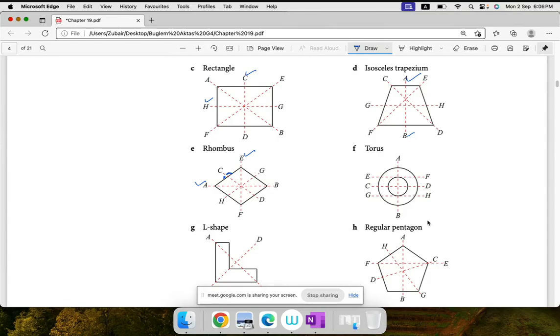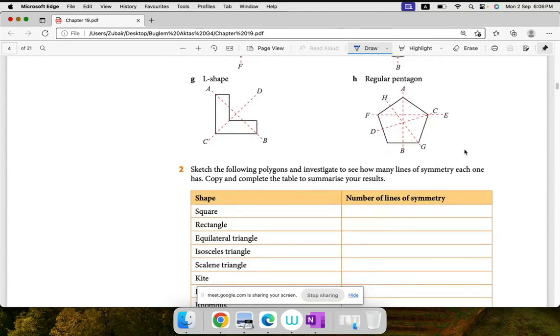Around which line is this trapezium? AB and CD. ABCD, correct. L shape, line of symmetry. CD.